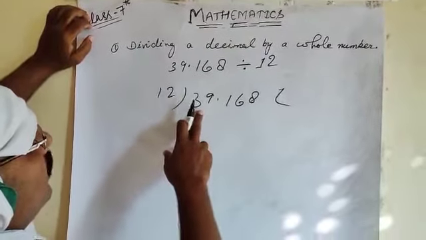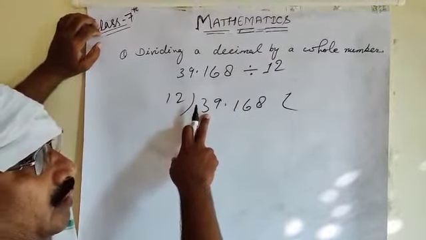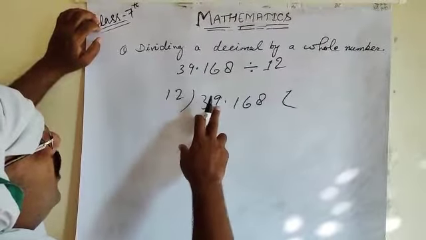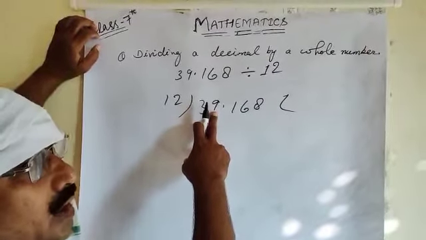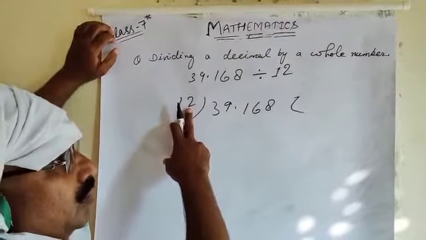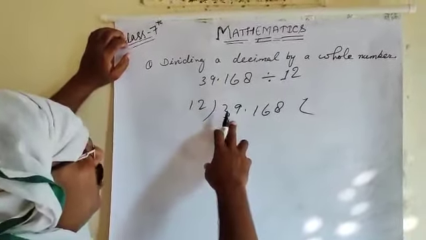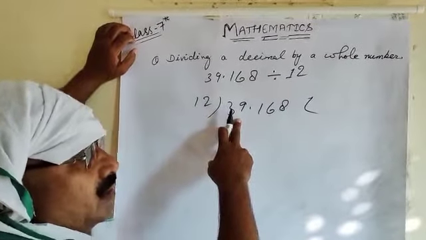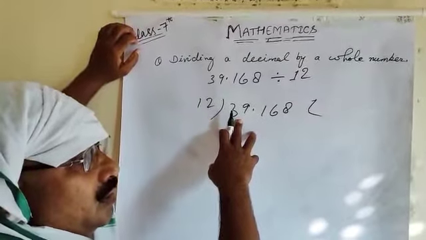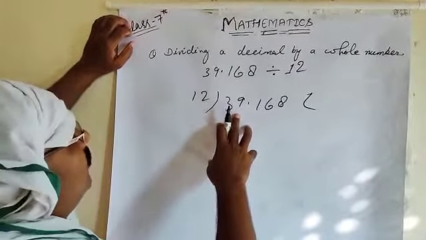You can't take the quotient in 3, since 3 is less than 12, so you will take both numbers, 39, and you will read the table of 12 which is equal to 39 or less than 39, that means nearest to 39, not more than 39.